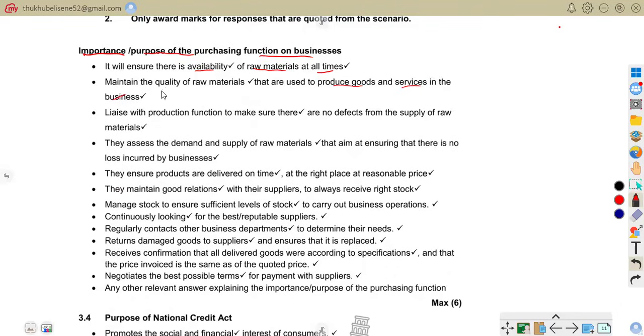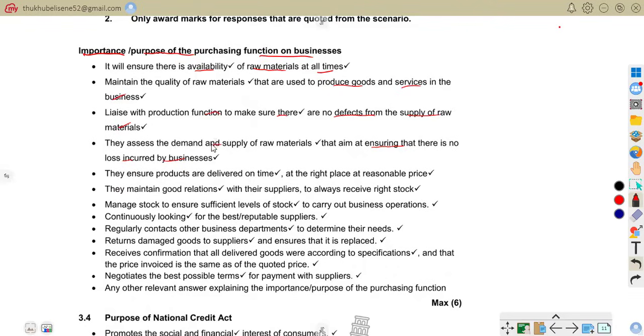They liaise with the production function to make sure there are no defects from the supply of raw materials. Also, they assess the demand and supply of raw materials to ensure that no loss is incurred by the business.